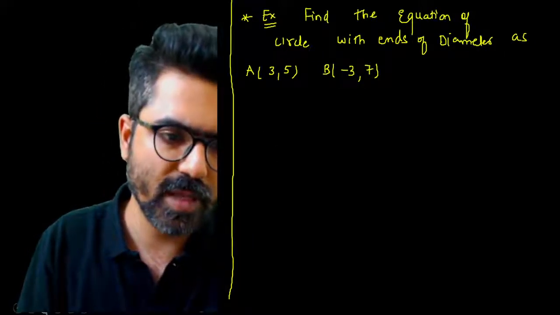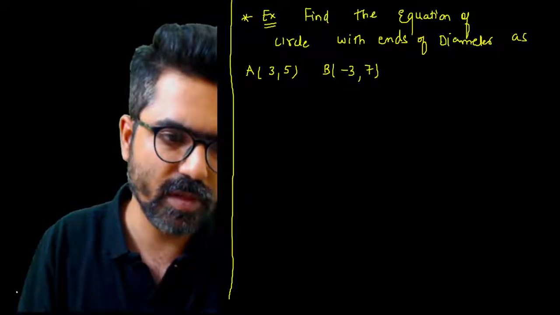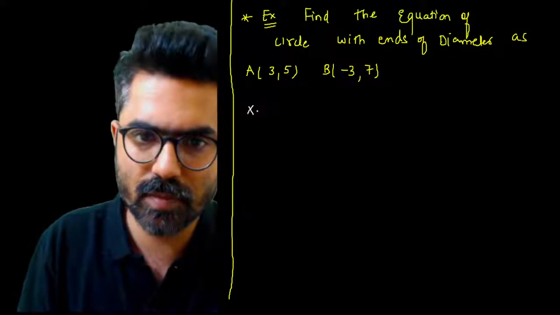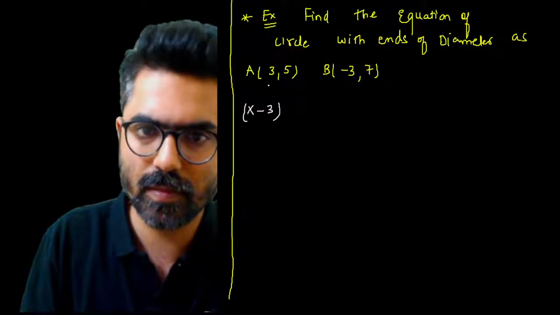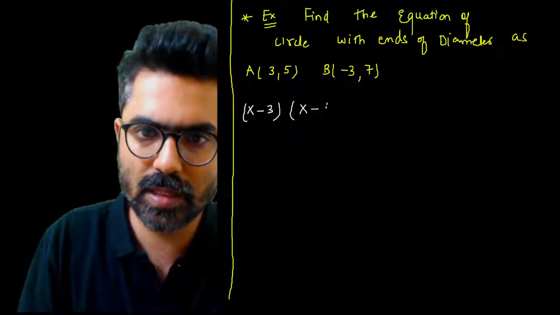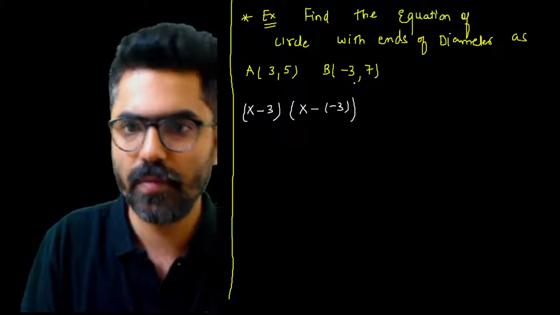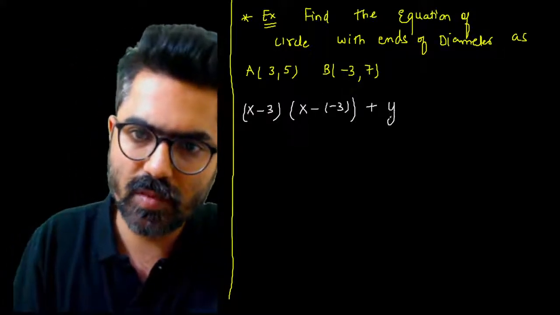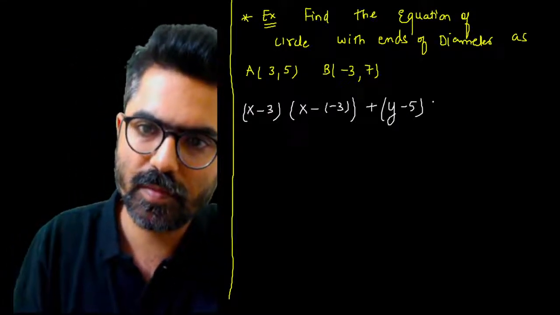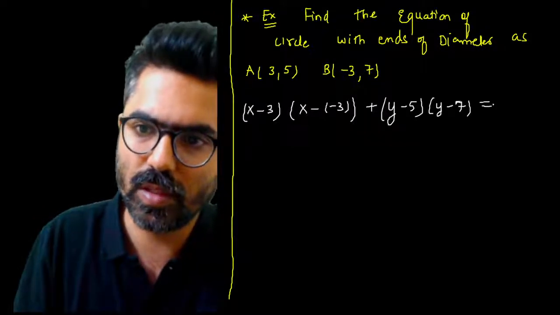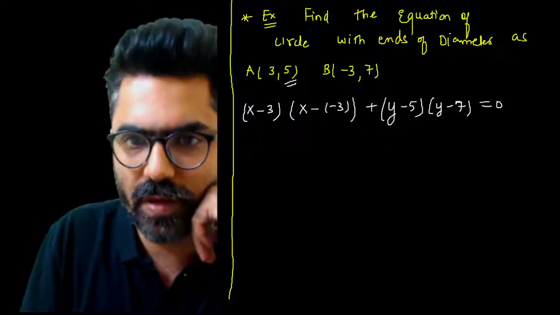So we want to find the equation of circle with the diameter endpoints as A and B. So it is x minus x1, x1 is 3, into x minus x2, x2 is minus 3, plus y minus y1 into y minus y2 is equal to 0. This is y1 and this is y2.